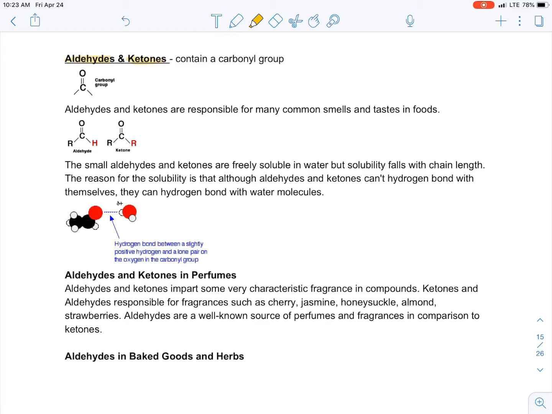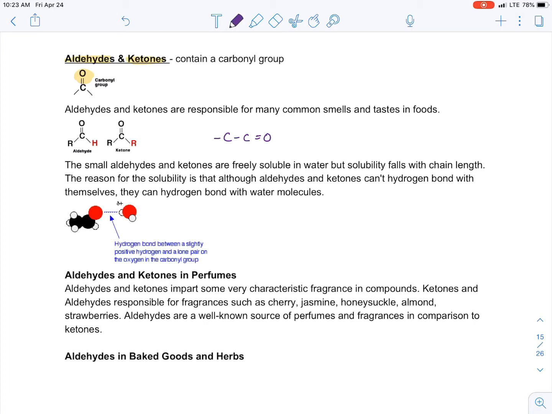The aldehydes and ketones have this carbonyl group attached, which is just a double bonded oxygen on a carbon. That's a carbonyl group. Now, the only difference between these two compounds is an aldehyde has the double bonded oxygen on the end carbon.